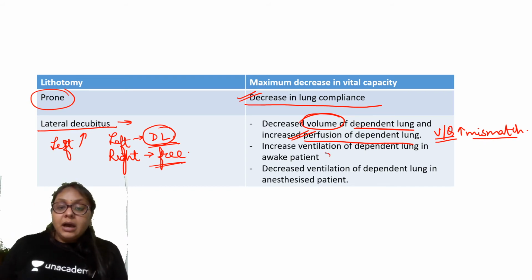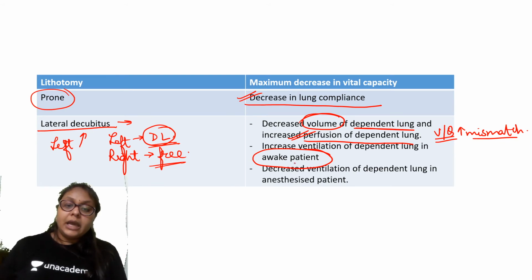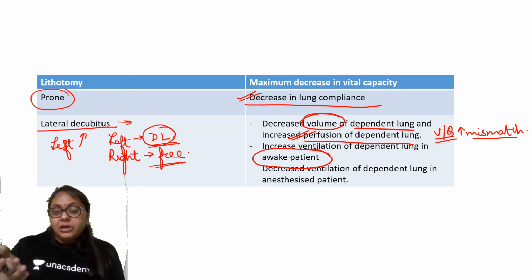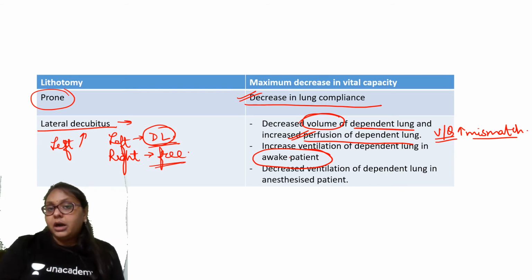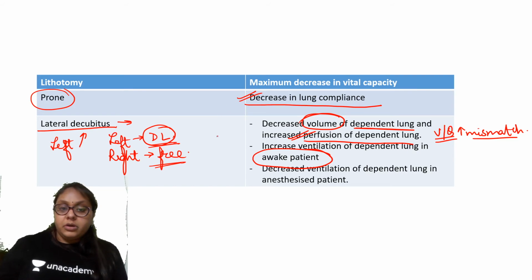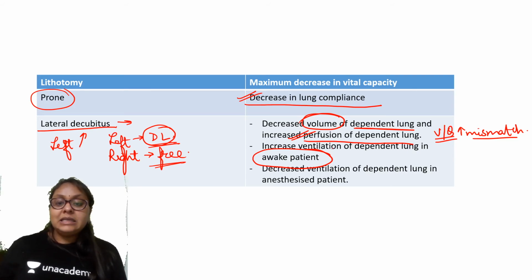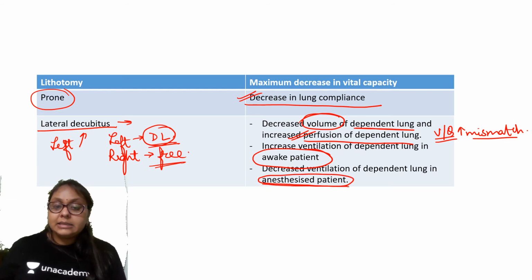Now जब awake patient होता है, हमने एनेस्थीसिया दिया, तो there is diaphragmatic movement in the dependent part of the viscera, so there is increased ventilation of the dependent lung. And whenever there is an anesthetized patient, there is decreased ventilation of the dependent lung.